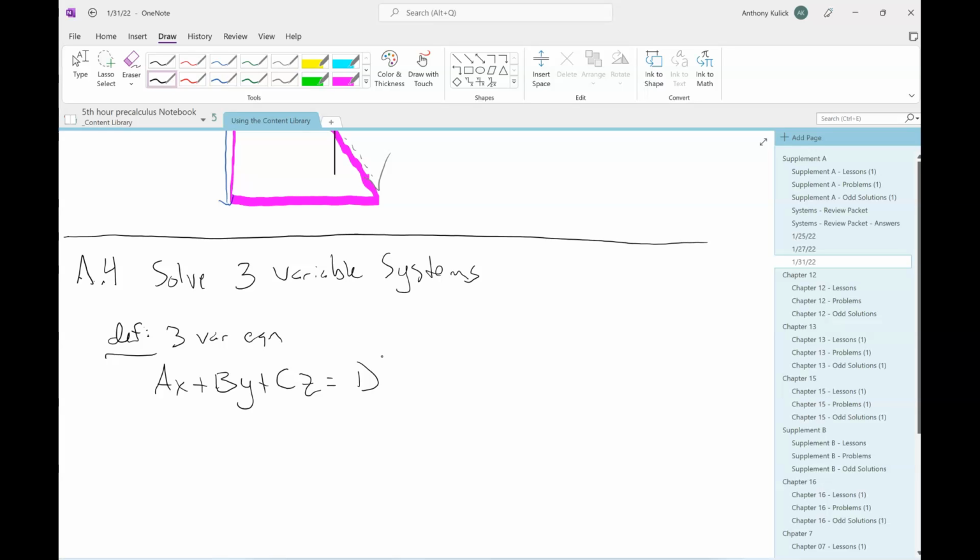And obviously for this to be an equation in 3 variables, a, b, and c can't be 0. Because if one of them was 0, then it's an equation in 2 variables, or if 2 of them were 0, it'd be 1 variable.